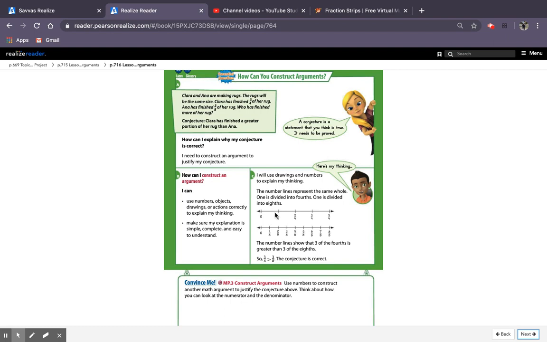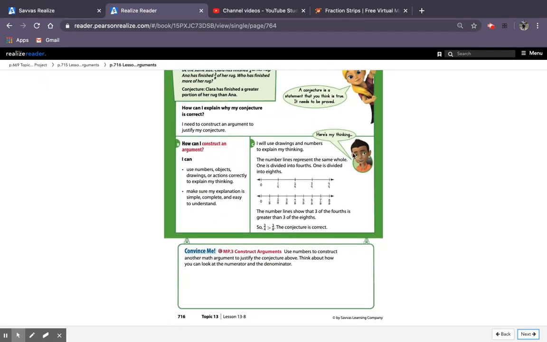Here it says the number lines represent the same whole. One is divided into fourths, one is divided into eighths. So it shows you the two number lines, lined up perfectly for you. And this little guy is saying, here's my thinking. His thinking is that he'll use numbers and drawings. Then it says the number lines show that 3/4 is greater than 3/8.